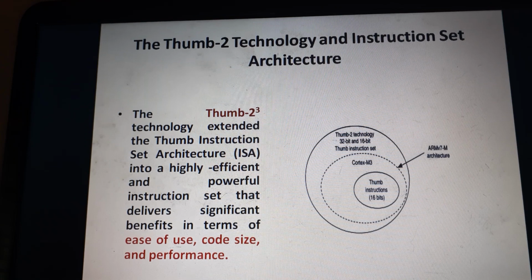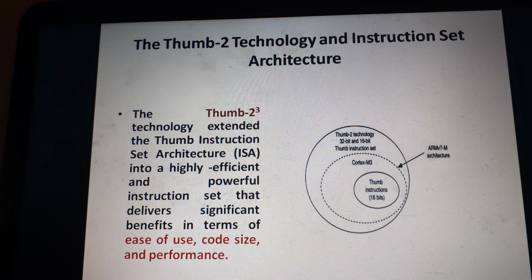The main important thing is traditional ARM processor programs may consist of a few Thumb instructions and a few ARM instructions. Thumb instructions are all 16-bit width and ARM instructions are 32-bit. To execute Thumb instructions, the processor should be in Thumb state.